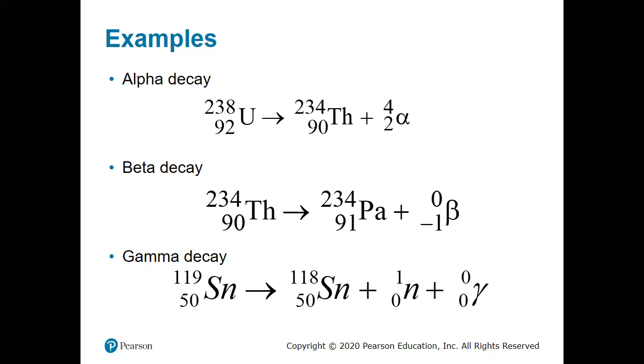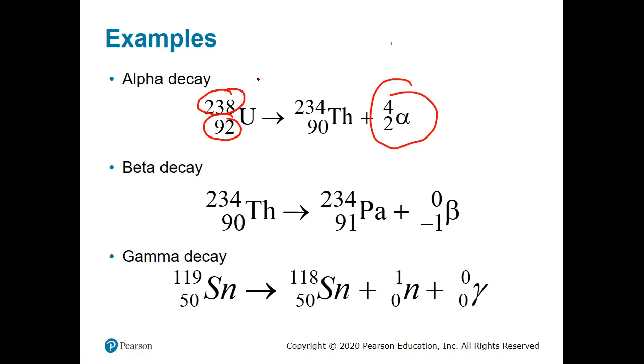So here is an example of an alpha decay. In this alpha decay, we see that we start with a mass number of 238 and an atomic number of 92. Atomic number of 92 tells us that we are dealing with uranium, since uranium has 92 protons in its nucleus. If it undergoes an alpha decay, the alpha particle has a mass number of 4 and an atomic number of 2.